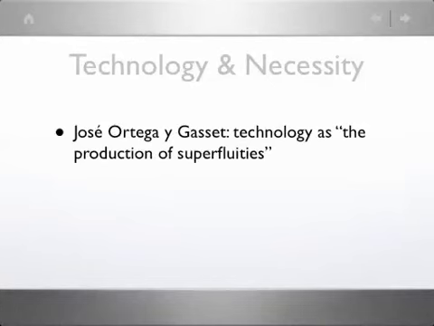Ortega y Gasset was a Spanish philosopher in the early to mid 20th century. And the quote by Ortega y Gasset refers to technology as the production of superfluities. This is one of the ways in which Ortega y Gasset characterizes technology.